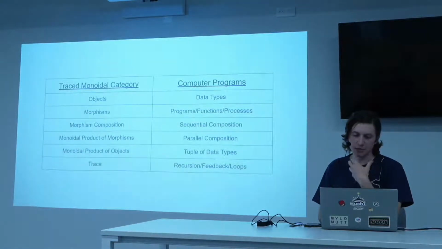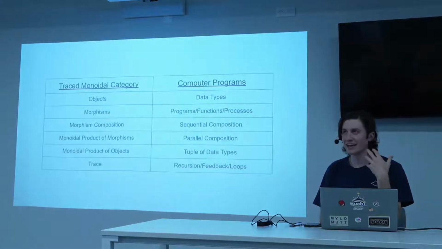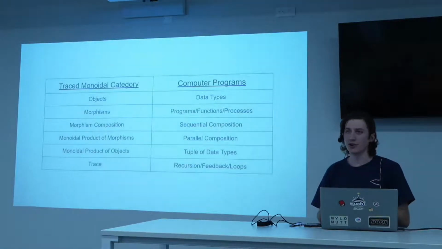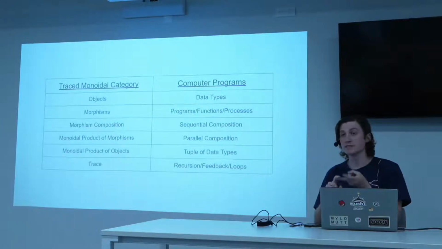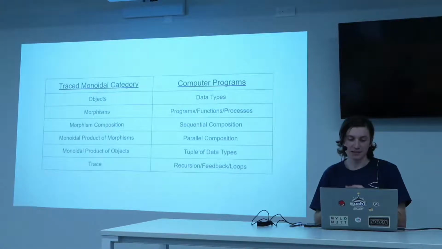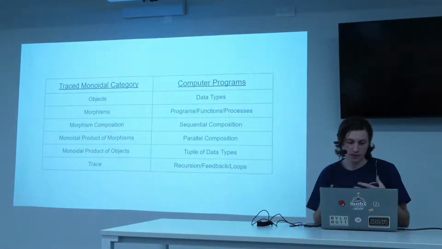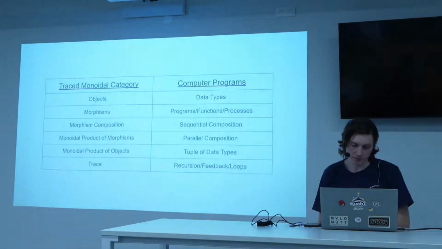At the most basic level, a category is just a mathematical abstraction of a system that has objects, morphisms that map between those objects, and a method for defining sequential composition of these morphisms.